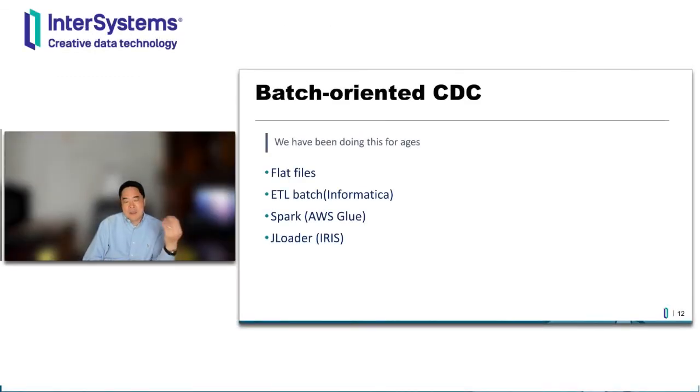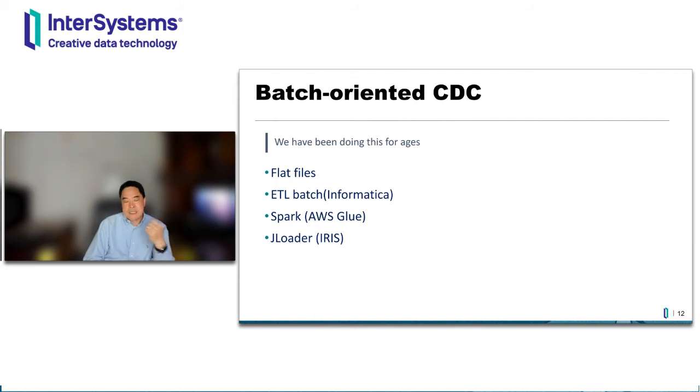So the flat file has existed forever. Then, since there are certain ETL needs, direct SQL-based replication is not sufficient. You want to do sophisticated ETLs. So many of the ETL tools, including Informatica, give you these ETL batch processes. You can take batch files, apply ETL rules, and then upload to your target system.